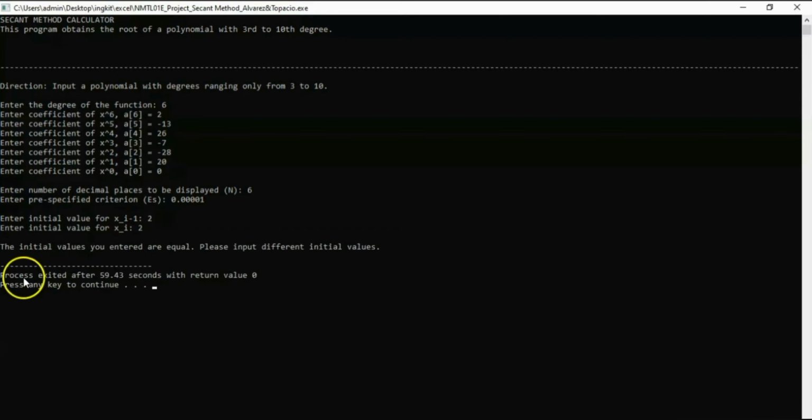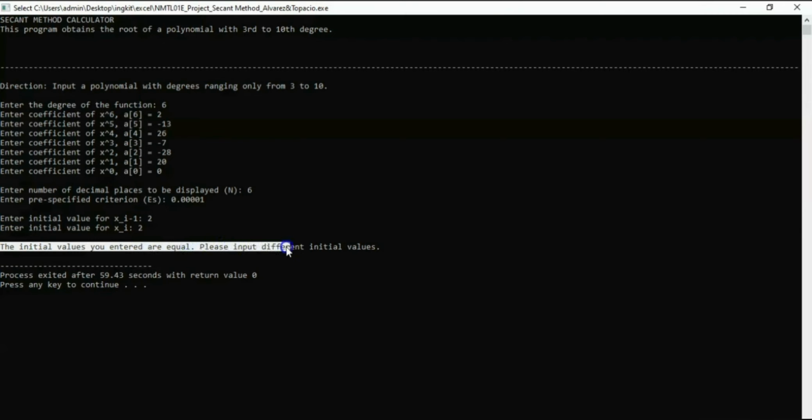So this is what happens. The program prints out that the initial values you entered are equal and requests us to please input different initial values. So once again, we are going to rerun the program and follow the directions in order for this program to properly function and to obtain the root of the polynomial we are going to solve.